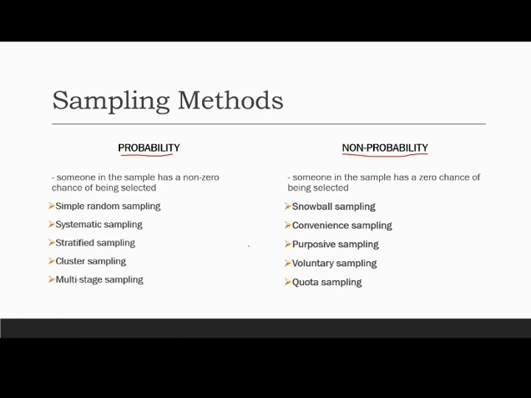Let's begin with the probability sampling. By definition, probability sampling talks about a non-zero chance. Non-zero, in simple English, not zero. So your chance is not zero. What do you mean by that?